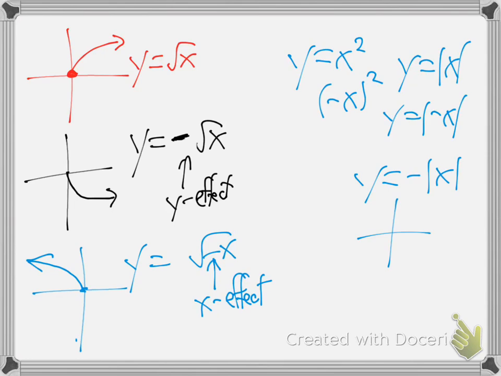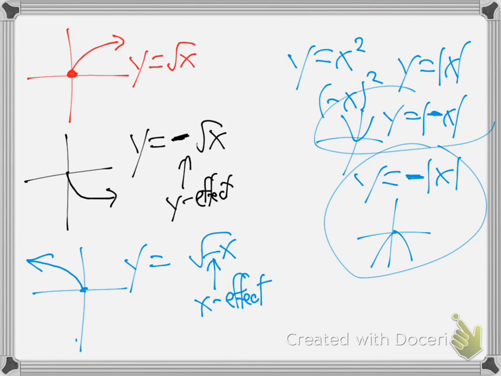That would make the v go down, because that negative there is a y effect. Whereas if you put it in there, it would just make the v turn sideways, which makes it look like nothing happened. Turn a v sideways, nothing happens. See the difference? We know a negative inside of an absolute value does nothing, and that's what the graph rules tell us too.